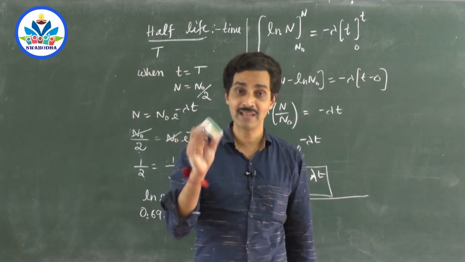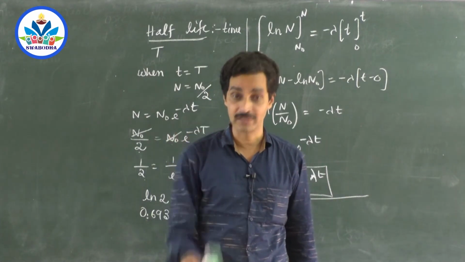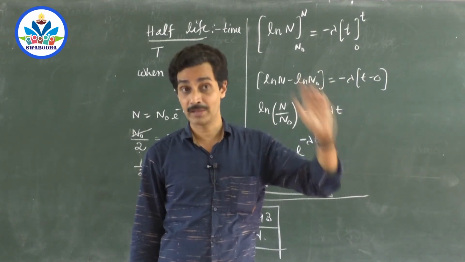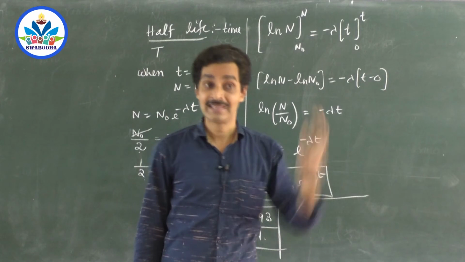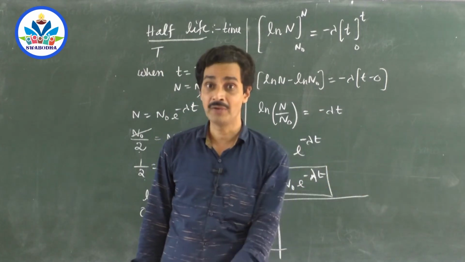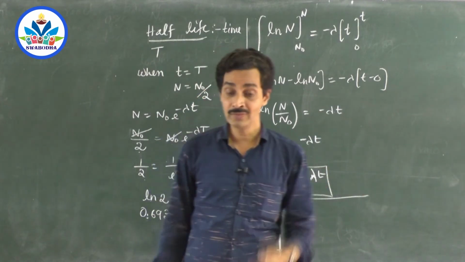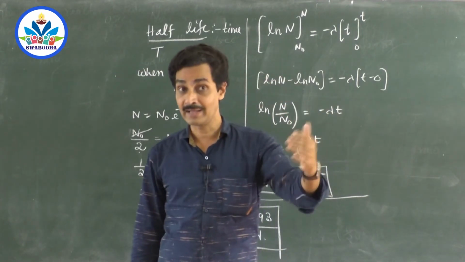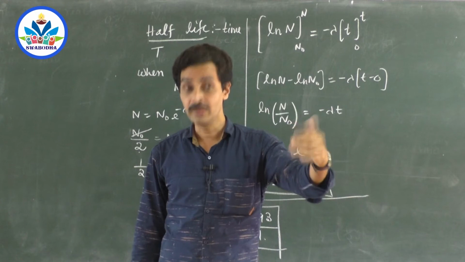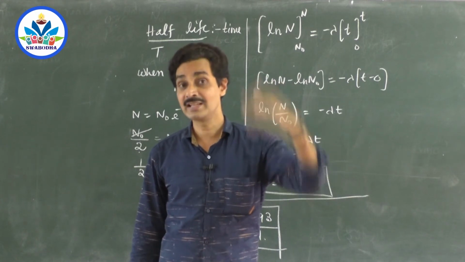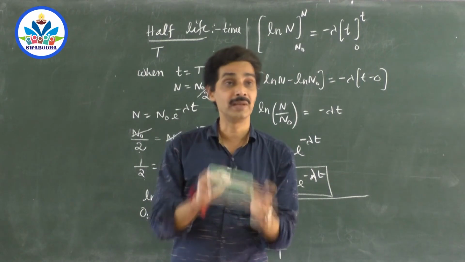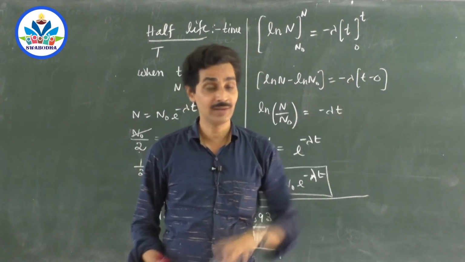Now the wooden piece or bone piece that you have got, when it was alive, it had the same activity or the same number of carbon atoms as the bone which is alive now. Am I right? You can compare it.